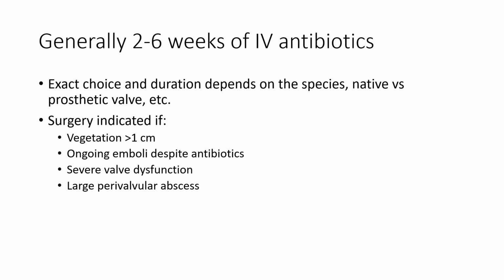So sometimes the infection, even though it starts on the valve, can progress to the area around the valve and sort of cause an abscess in the heart tissue next to the valve, and that can then cause total valve failure, or in rare cases cause a ruptured aneurysm in the heart.